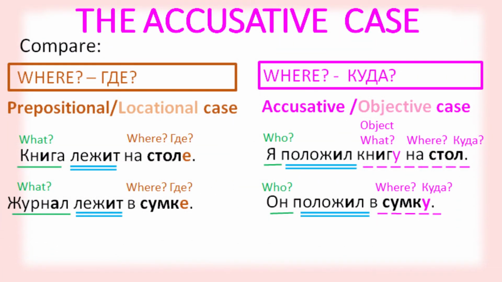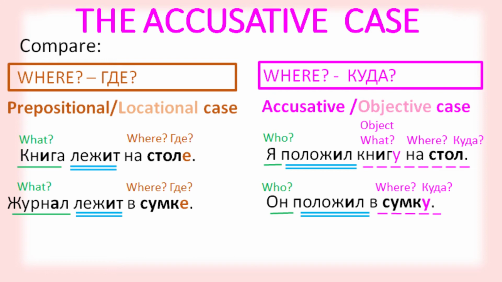Compare questions for the prepositional locational case and the accusative objective case. Где? Where is used in reference to location. Куда? Where is used in reference to directed motion. The book is on the table.